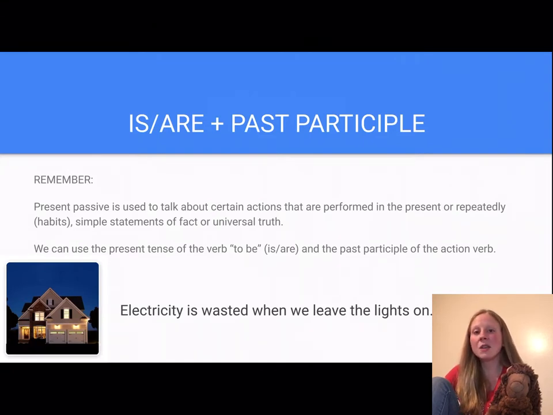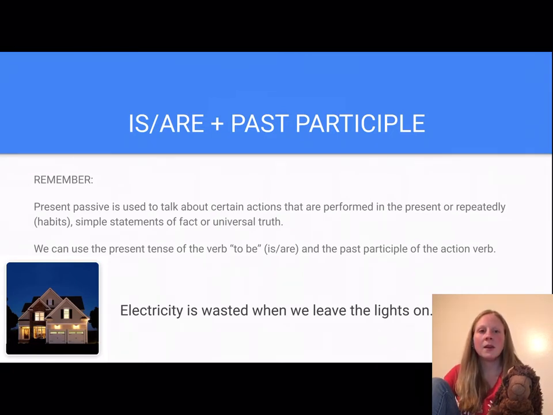On occasion, we can also use the first person, I am, but not too often. An example of that could be, I am wanted by the police for a crime I didn't commit. But more likely, you would use is and are, like in the example below. Electricity is wasted when we leave the lights on.